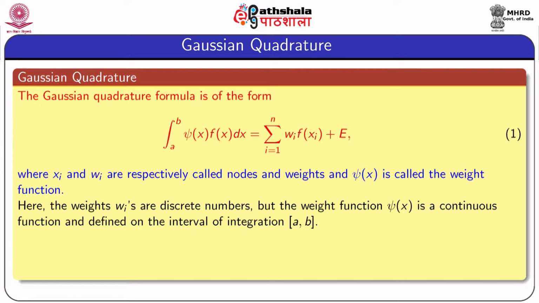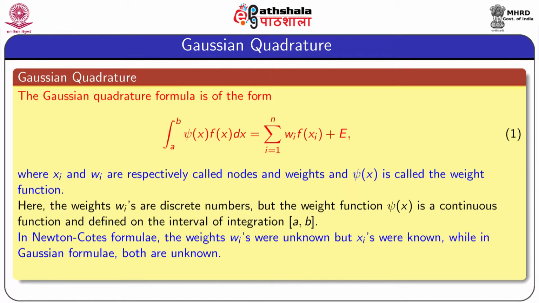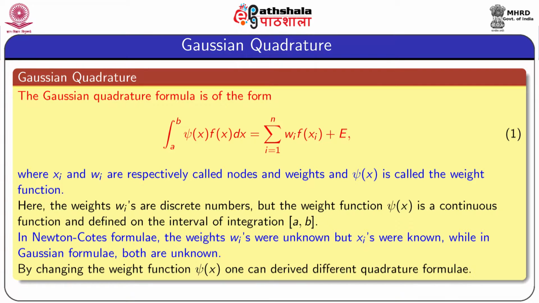Here w_i's are discrete numbers, but the weight function psi x is continuous and defined over the interval a to b. In the Newton-Cotes quadrature formula, the weights were unknown, but the nodes, that means the values of x_i's, are known, while in Gaussian quadrature both are unknown. Therefore, by changing the weight function, one can derive different quadrature formulas.